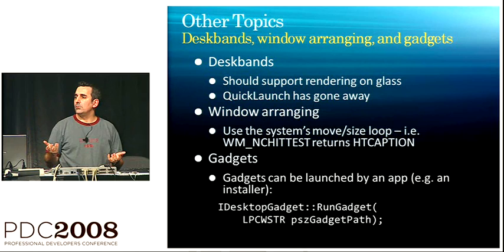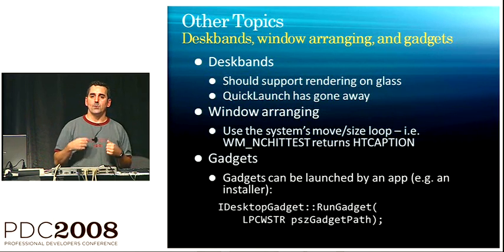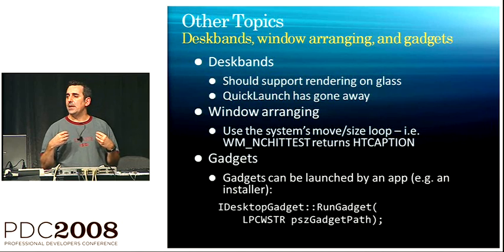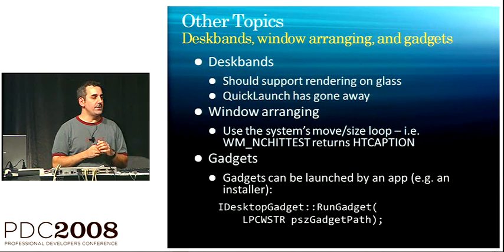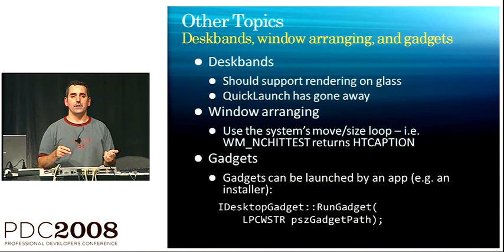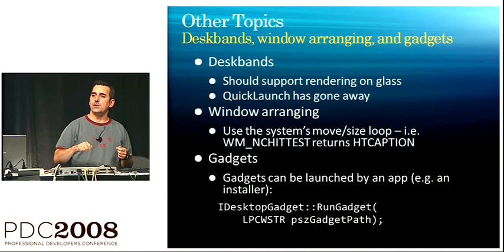Well, our window arranging features won't work if you do that. So we recommend that in the hit testing query that occurs via the WM_NCHITTEST message, you return the HTCAPTION value. That will indicate to the operating system that the user is dragging on the caption.